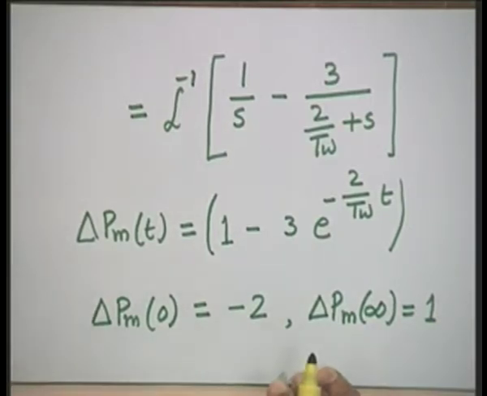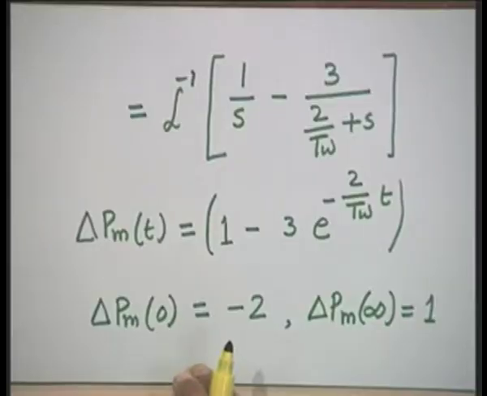Now, you can appreciate the difference from the normal response which we get for a system. Suppose there is a system and we give it some input, we expect that the output should start following the input.